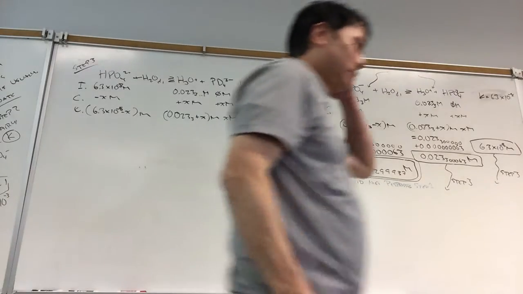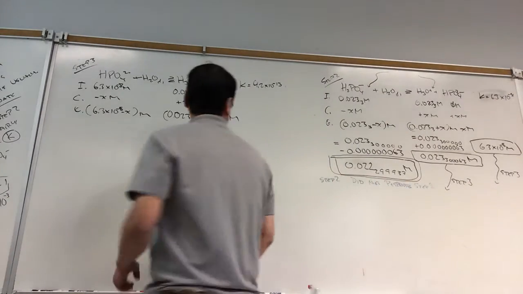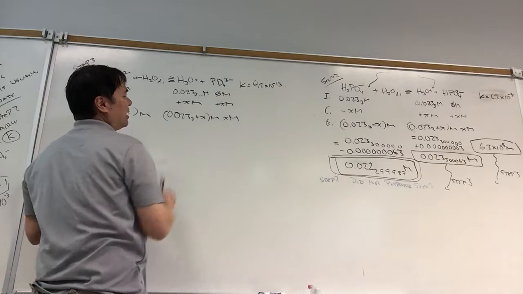This is another trick that sometimes people use. In step 2, it always happens like this, with the common ion effect and everything, that x is equal to K for step 2, because of the simplifying assumption. In step 3, it doesn't work like that. Some people try to say x is equal to K in step 3.